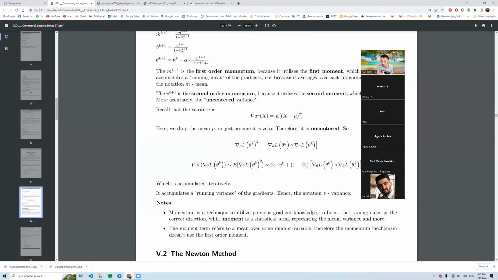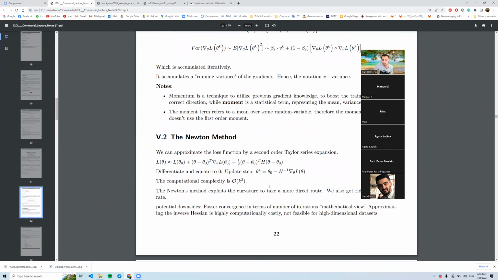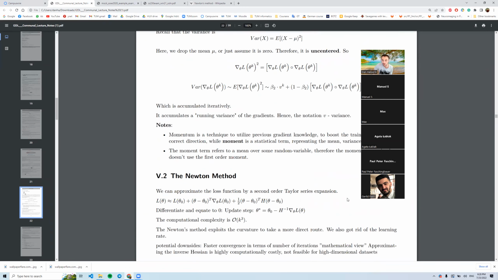Well, we don't compute it on mini batches. Okay, we can if we do, but it's too much for deep learning. That's a big thing to say. It implies we cannot use it for deep learning.